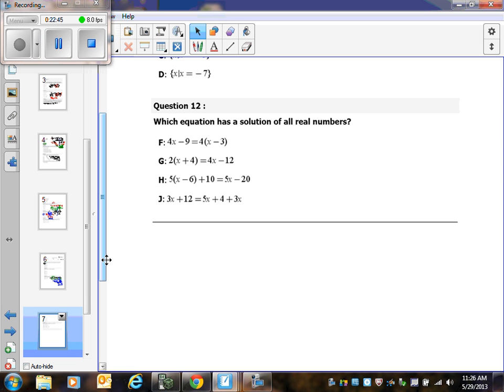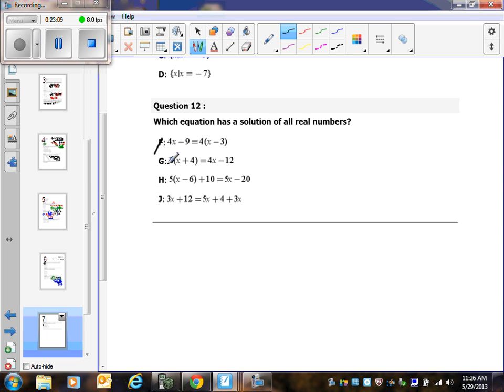So let's look at choice F. For choice F, if we distribute the 4, we'll have 4 times x, which is 4x, and 4 times negative 3, which is negative 12. So therefore, the answer is not choice F because we do not have 2 identical expressions.